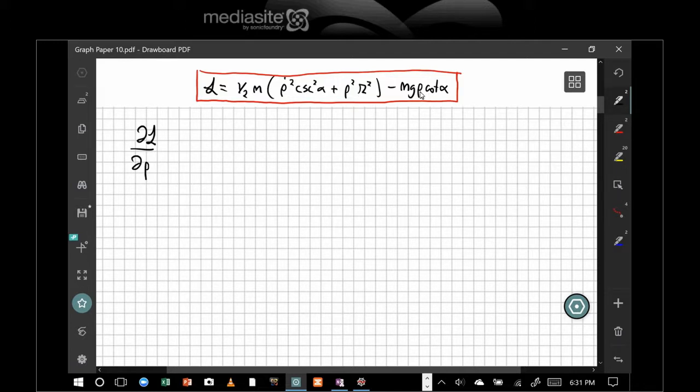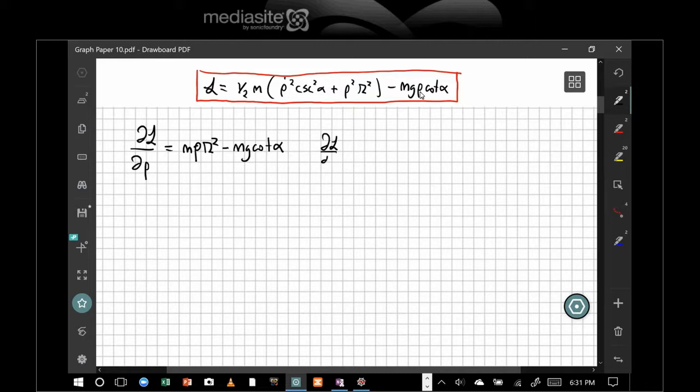So that's going to give me m rho omega squared, that's from this term here, and then minus mg cotangent alpha. That's partial L with respect to rho.